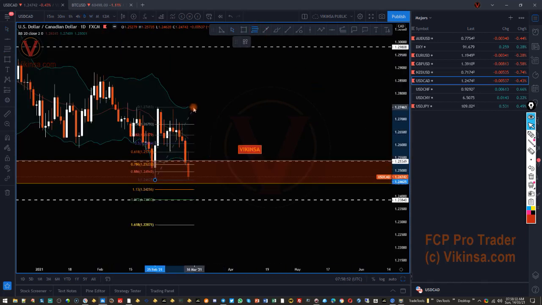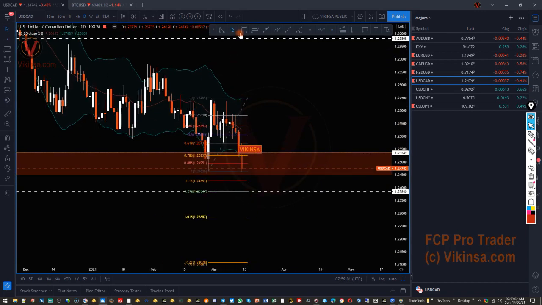Okay, so if I draw a fib on it, that looks like exactly where it is going to come to, and watch that level. In fact, this is a very good FCP zone that you should be looking at.